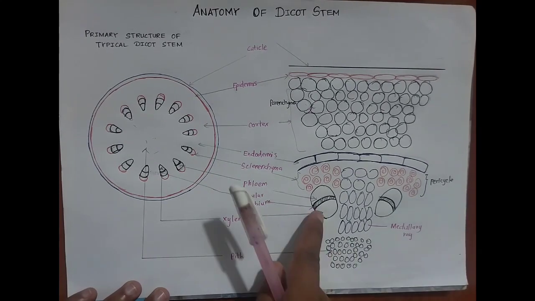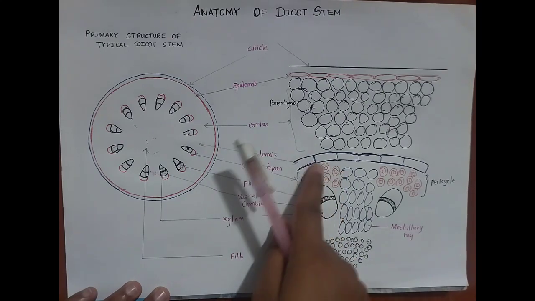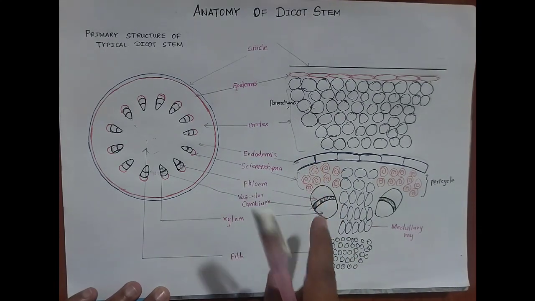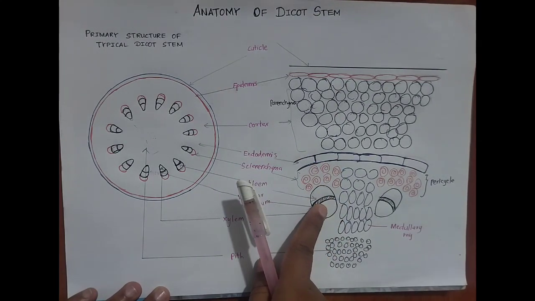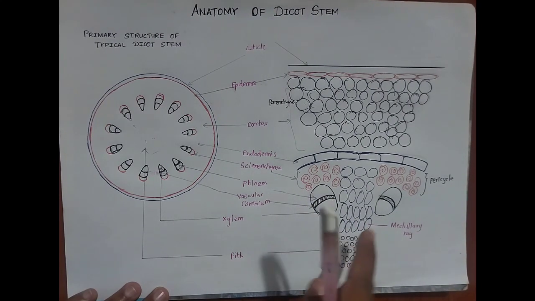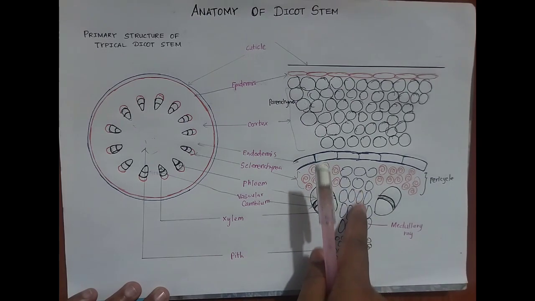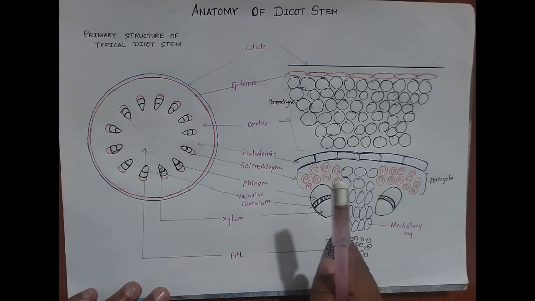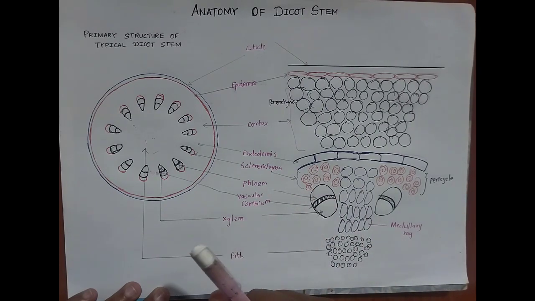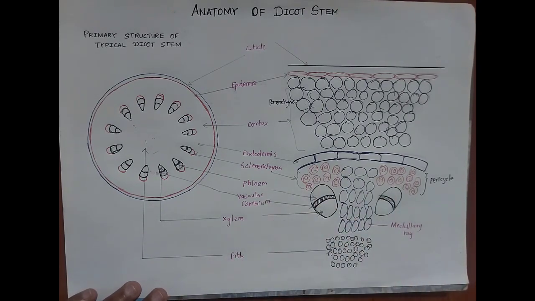Outside the vascular bundle you have clusters of sclerenchyma cells. Inner to the vascular bundle you have the pith, made up of parenchyma cells. The medullary rays help in lateral conduction. All these things you have in your guide, your resource book.